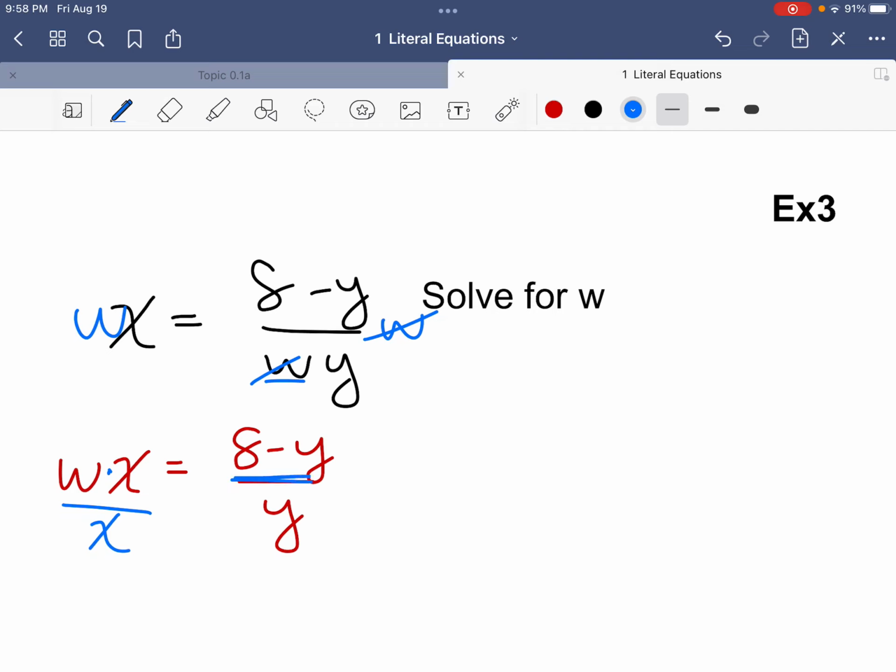That's because we already have this fraction bar right here. So I can just put the X, honestly, under the same fraction bar. It cancels on the left side. It gives us this 8 minus Y over XY. We usually write things alphabetically over XY, and you just solve for W.